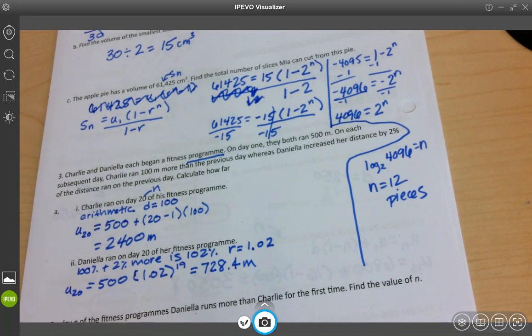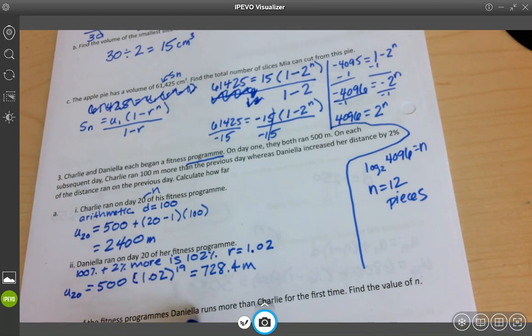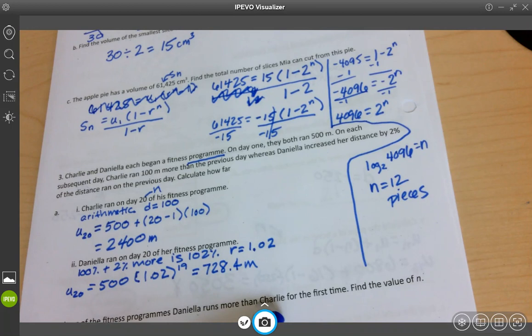But we know in the long term, an exponential function is going to pass a linear function. We get these two values, so Daniela's still running less. I made a little chart on the board for you to see how even though Daniela might be less for a very long time, an exponential curve will eventually pass that linear curve. So that's the question: when is Daniela going to run more than Charlie for the first time?